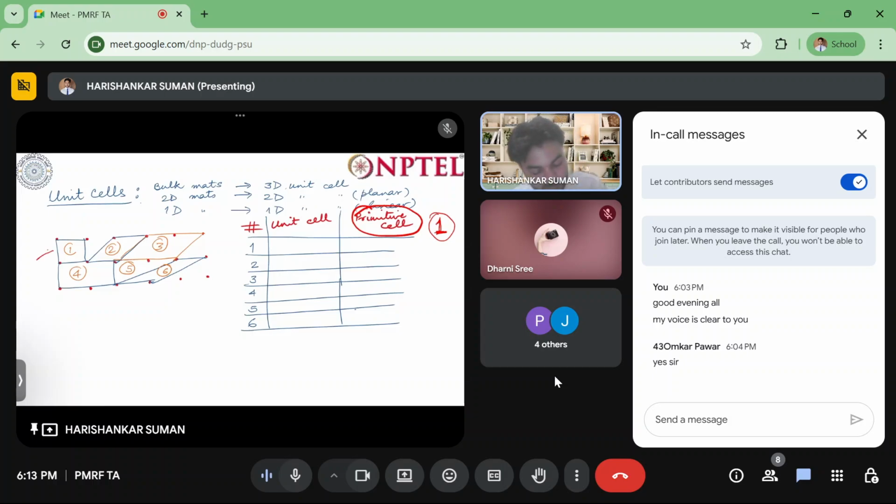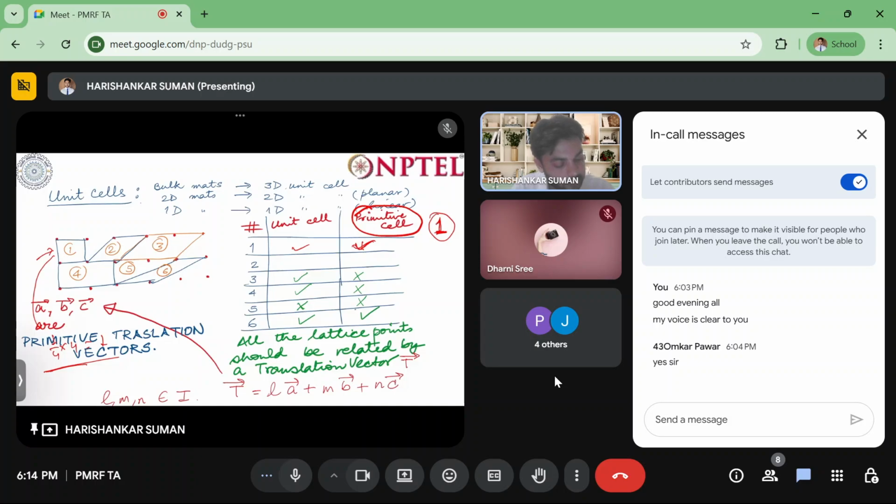So this is 1, let's say. The contribution of all 4 atoms will be 1. This is 1/4 into 4 corners, which is 1. So this is a primitive unit cell, also a unit cell. Like that you have to verify. Okay, do this work yourself. The second is also, and check this.